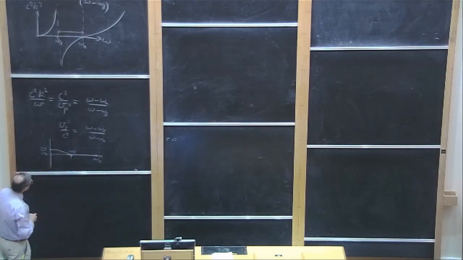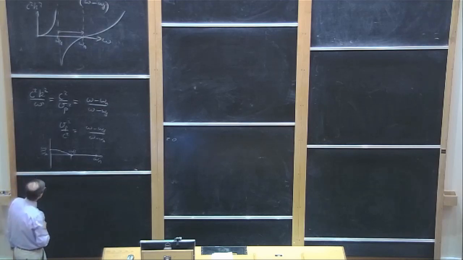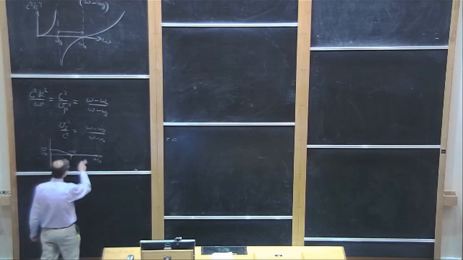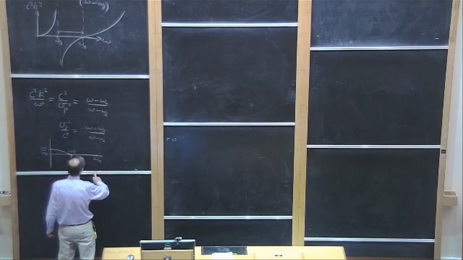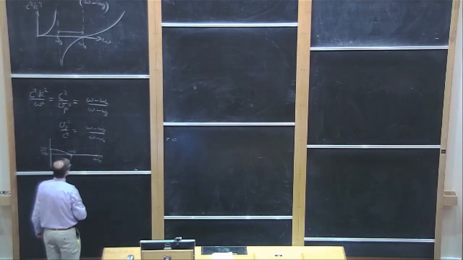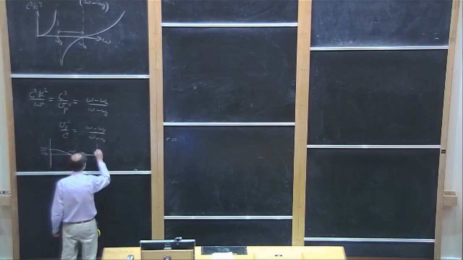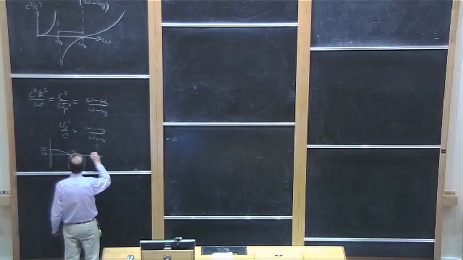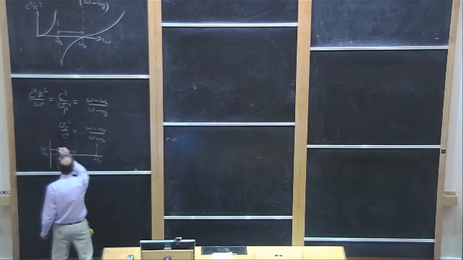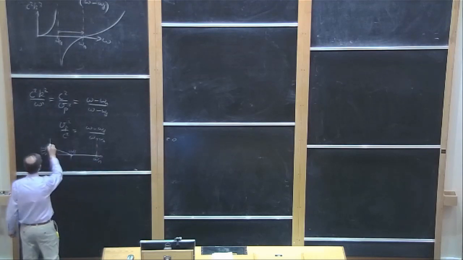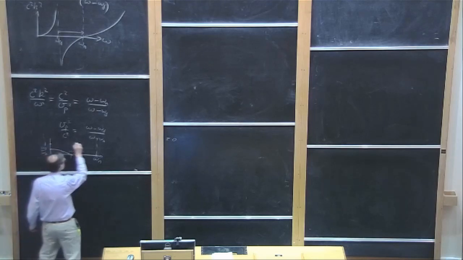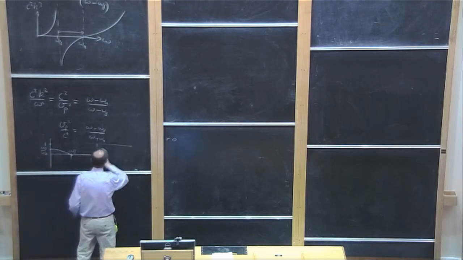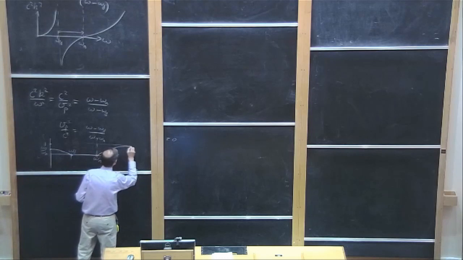And then there's a bit that we don't have to worry about because the waves can't propagate, but at omega n, it then goes down to minus infinity. But out here, in the limit of very large omega, it's 1, so there's another branch of the curve here.